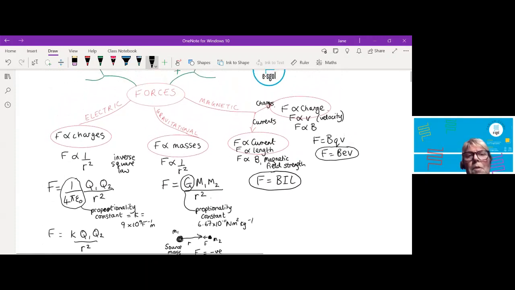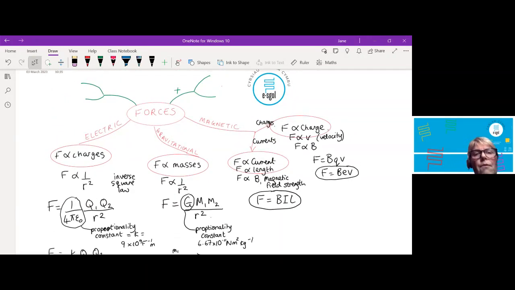Now, before I move on, we've got to remember that force is a vector quantity. It has a direction as well as a size. And that direction could be positive or negative. Now, if we are adding forces at all, we've got to consider the fact that they've got this size and this direction.